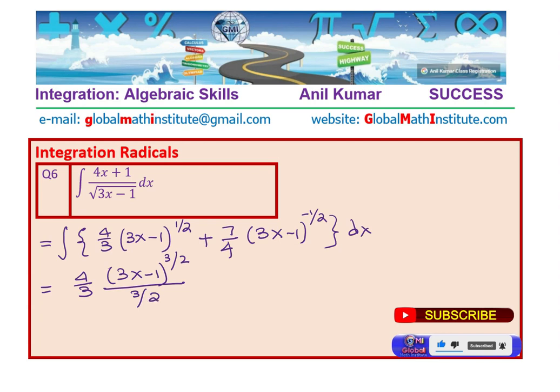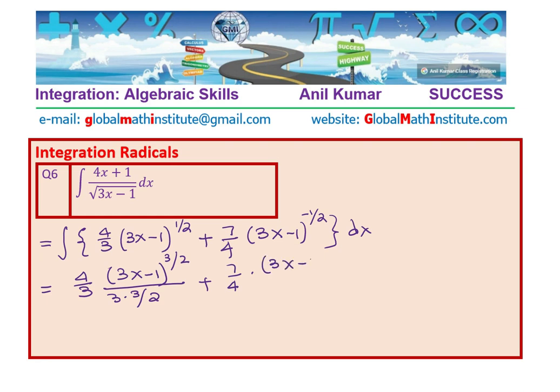And times 3, right? So 3 times because of 3x in the denominator. Here we get 7 by 4, 3x minus 1. When you add, you get half, right? And then you get 3 times half plus c. Makes sense? And now write down your final answer. Simplify these expressions, right?